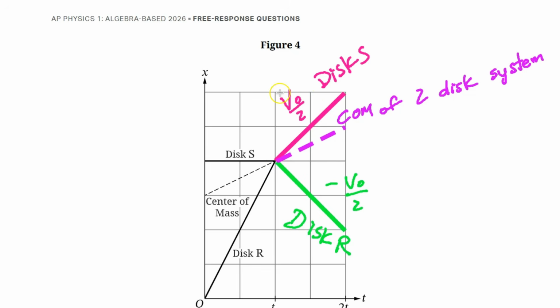So I'm going up 2 and I'm going right 2, so 2 over 2 is 1, so this is a slope of 1. Disk R after the collision has a velocity of negative v naught over 2. So it has the same magnitude as the final velocity of disk S, except it's in the negative direction. So we're going to have a negative slope.